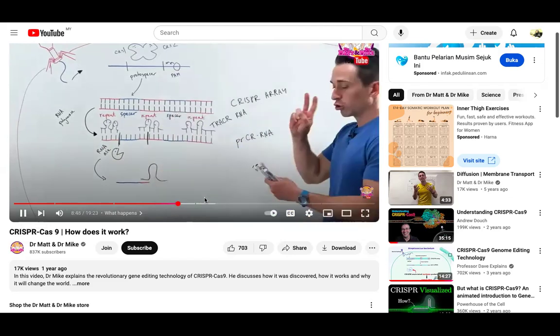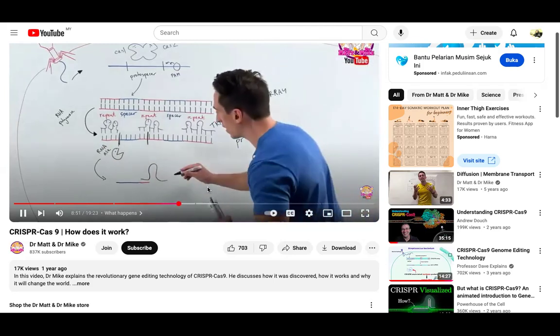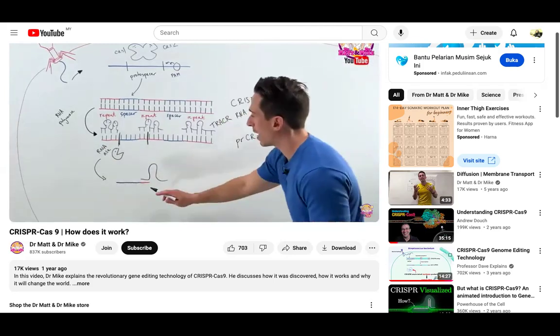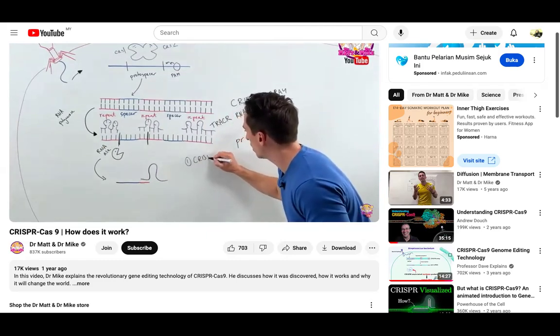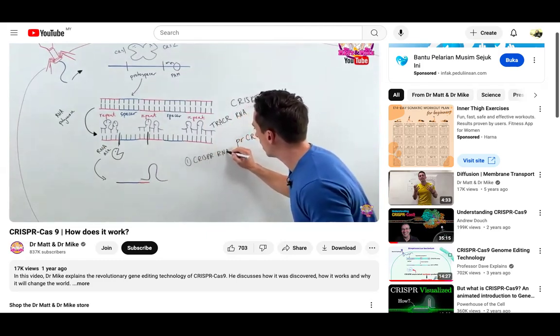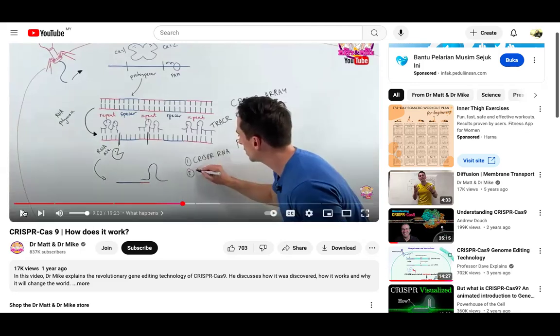So here we've actually got two separate types of RNA. It's not called the pre-CRISPR RNA now; we've got the CRISPR RNA, and we've got the tracer RNA. Just to recap, the RNase enzyme cuts the spacer, the blue color, and a bit of the repeats. The repeats are the sequence from the bacteria itself.